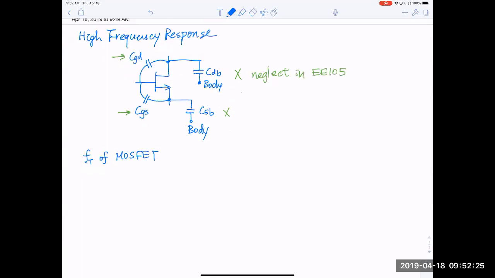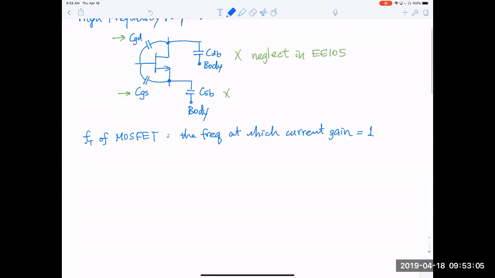FT is defined as the unity gain frequency, the frequency at which the current gain becomes unity. The origin of that is that we started from the bipolar junction transistor. It's usually a current gain device. So we just carry the definition of this frequency forward for a new type of transistor, MOS. So this current gain becomes one.